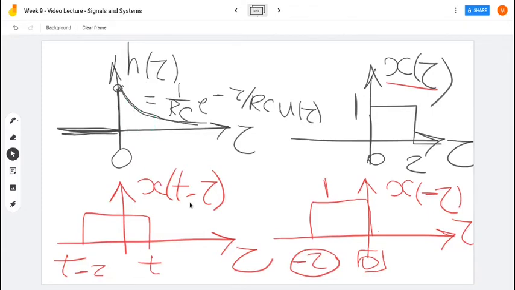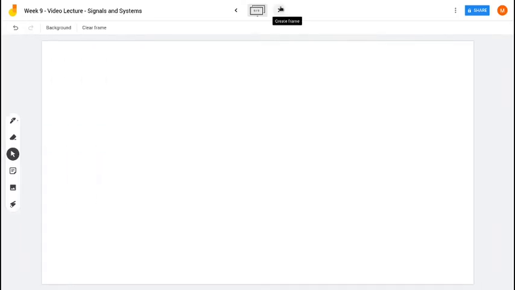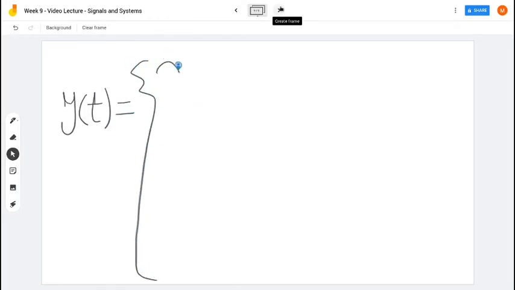So if t is less than 0, which is basically a rectangular pulse like this one, there will be no overlap, and the pulse over here multiplied by 0, so we'll get 0. So I can write the following: y of t is equal to 0 if t is less than 0.